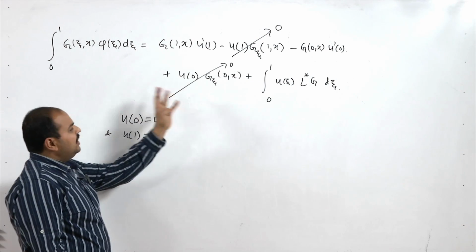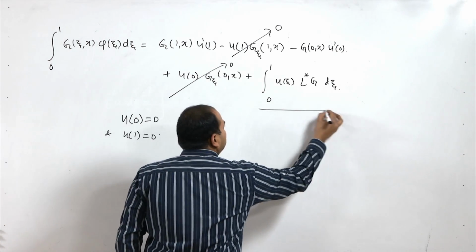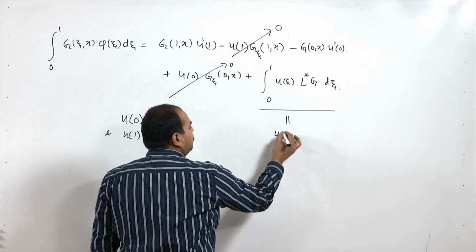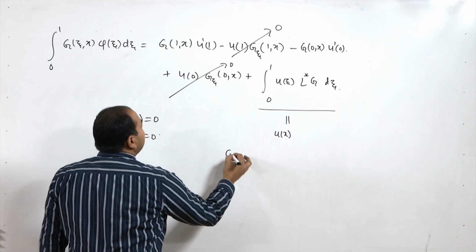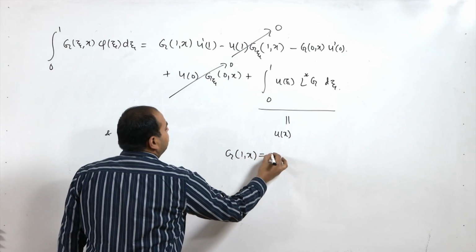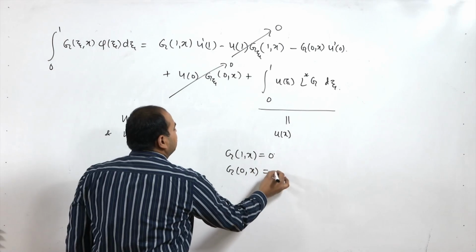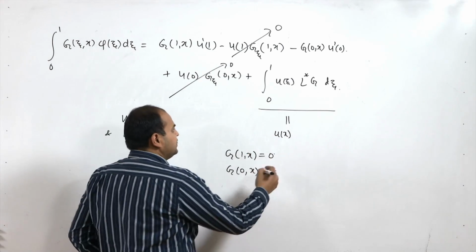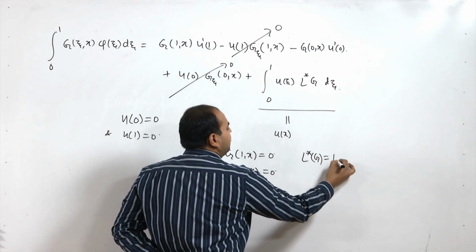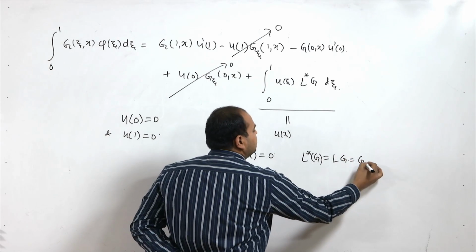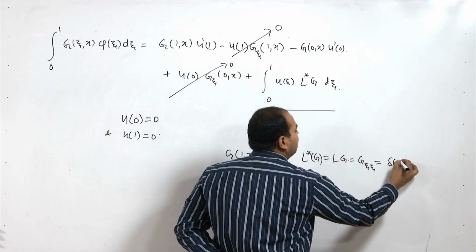So now if we want that this will give us the solution, what we want is that we choose our g in a way such that this will give you u of x, and g(1,x) should be 0, so that no boundary term will be there, and g(0,x) is equal to 0. What we want we can achieve by saying that L star g, which is the same as L g, should be given as delta(xi minus x).